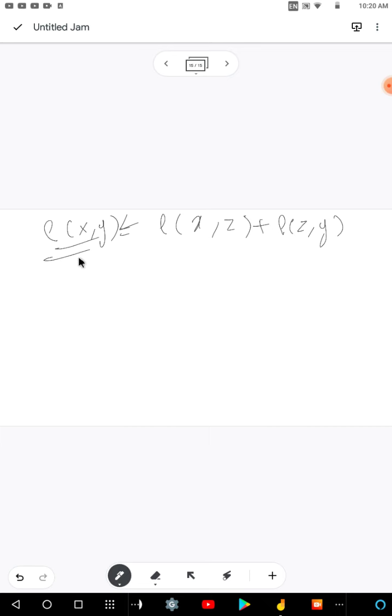If you check this property, rho of x comma y is the minimum of something. Suppose I take the minimum to be d1 of x comma y.